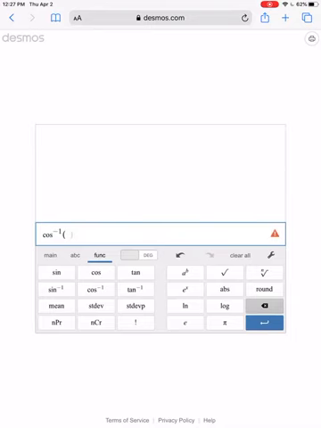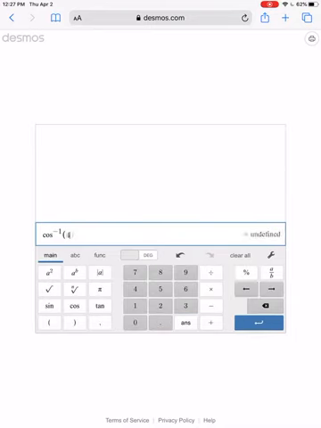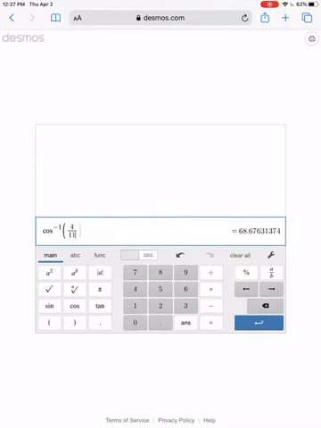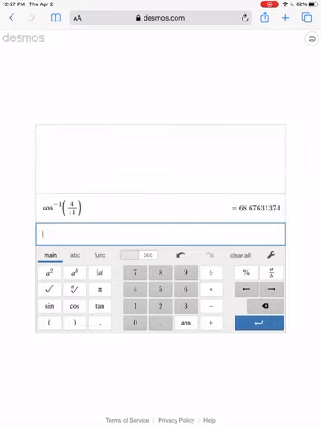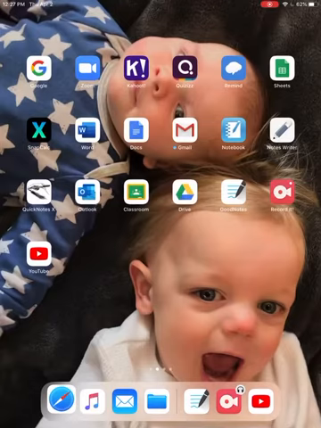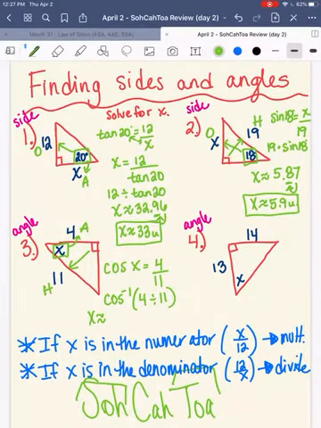So second cosine, and then you got to go back to main and then do 4 divided by 11. Okay, and then hit enter, and you should get 68.67 degrees, which is approximately, if we're rounding to the tenths, 68.7 degrees, because the 7 is going to tell the 6 to go up.